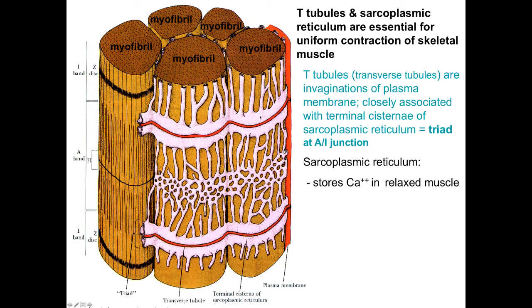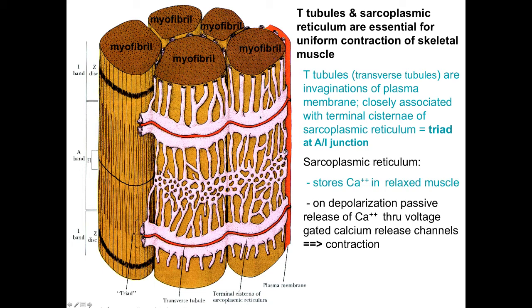There are voltage-gated calcium release channels on the sarcoplasmic reticulum, such that when the T-tubule depolarizes, it causes the voltage-gated channels to open, and calcium in the sarcoplasmic reticulum will spill out into the cytoplasm, and that will cause the skeletal muscle cell to contract.